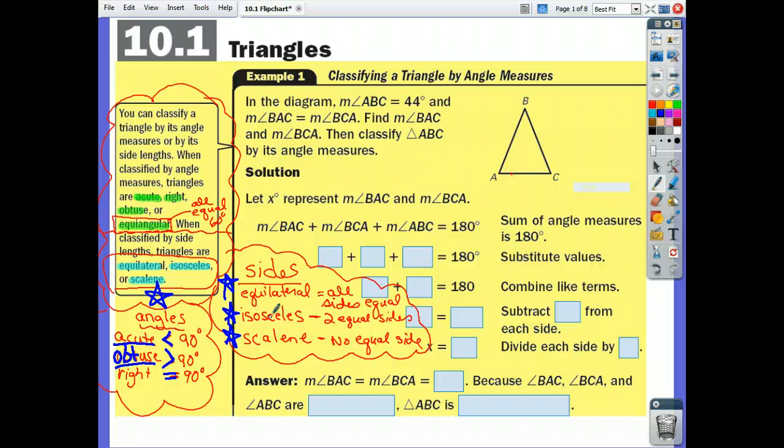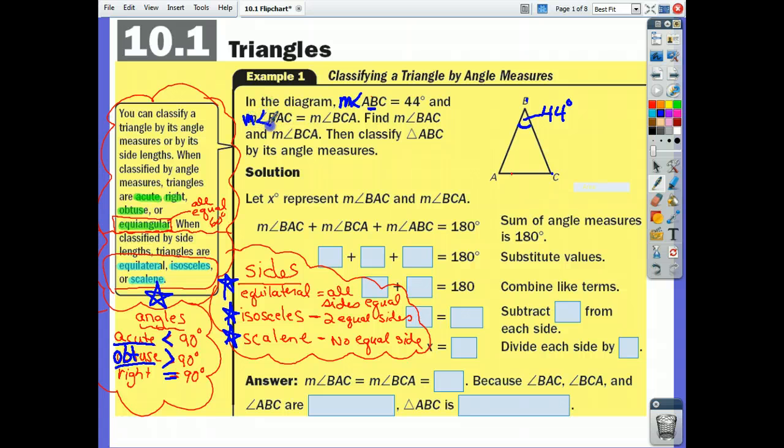Over here they tell us example number 1. It says in this diagram, the measure of angle ABC, so the one in the middle, the B, is 44 degrees.